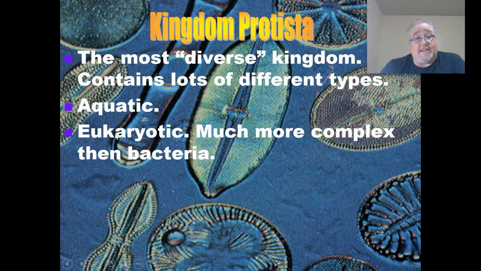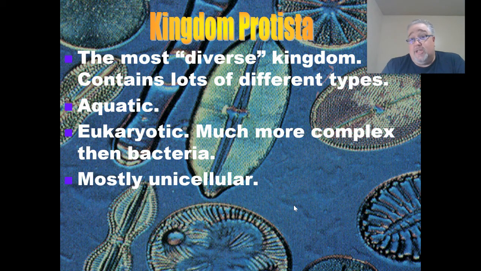Now, one thing that separates them from bacteria is that they're eukaryotic. So these are much more complex cells. You can see the pictures here in the background, right? These are all different types of protists, and you can see the cellular structure is a lot more complex than, let's say, bacteria are.